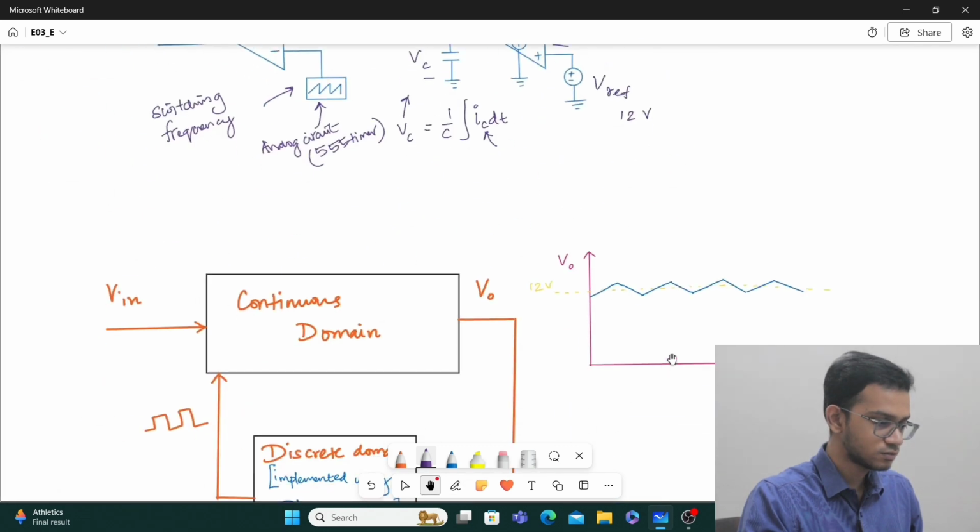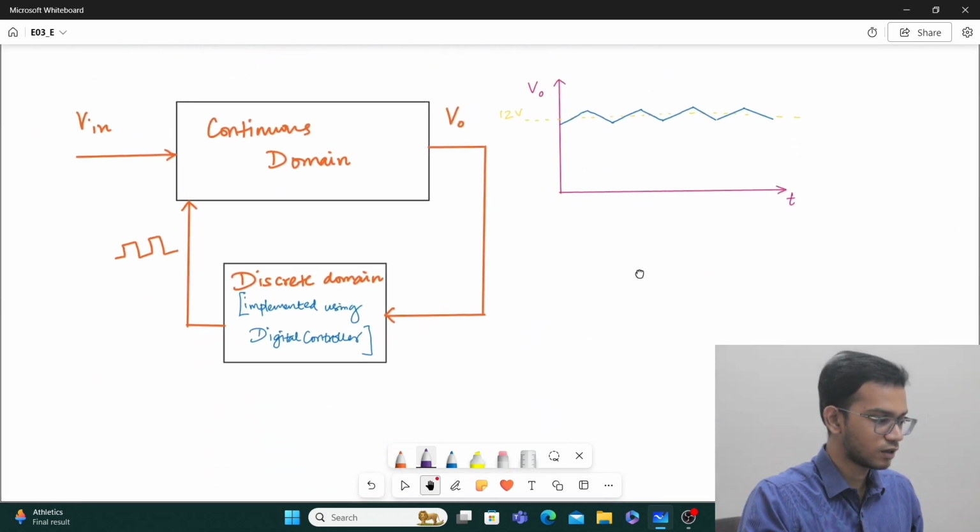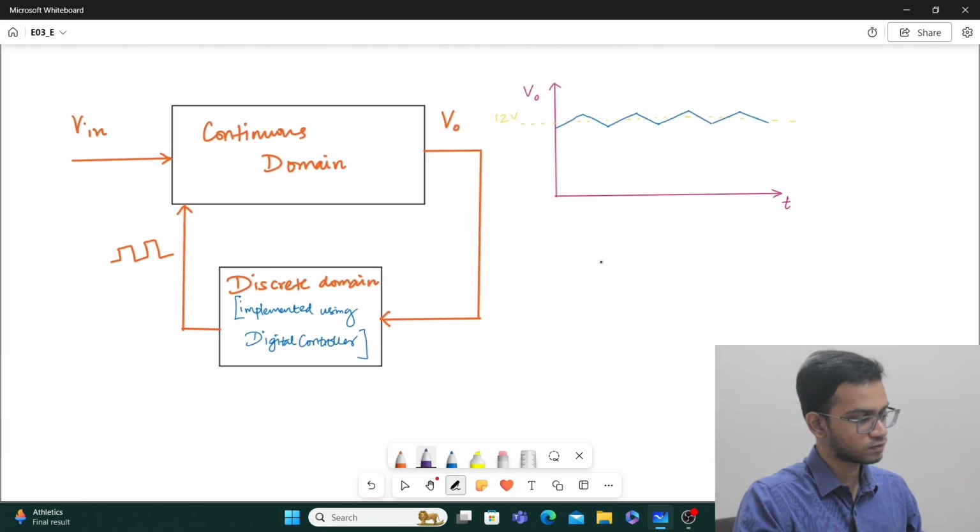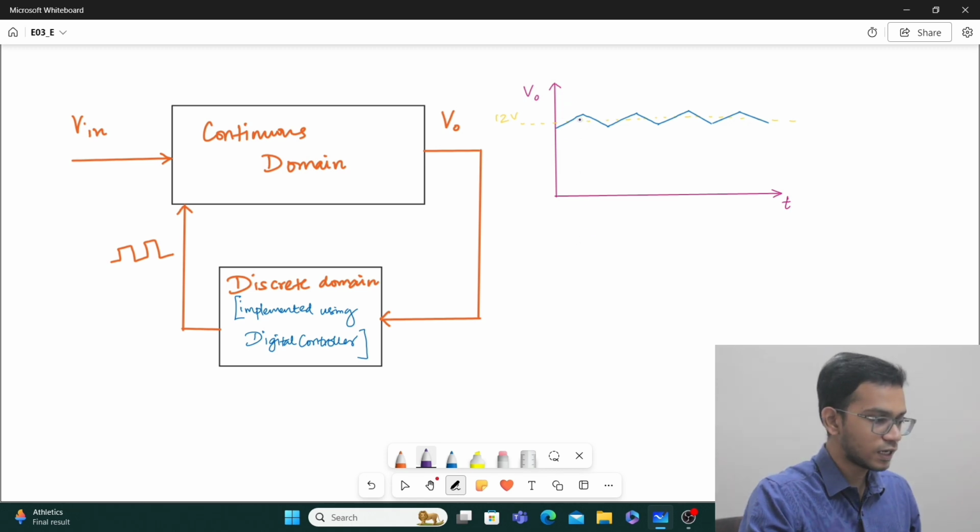However, here, when we are intending to control this system by a discrete time domain controller, we take samples of the output. That's a very great major difference here. So we take samples of output at various time intervals.